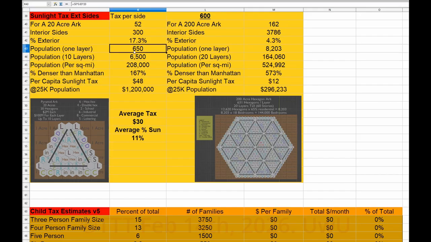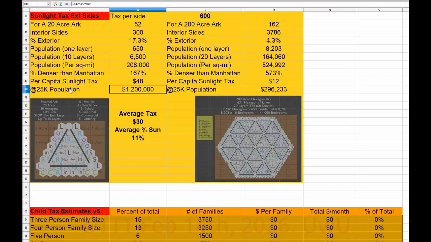So then we have our per capita sunlight tax. You just take 650 divided by, you take 52, what is it? 52 times 600 divided by 650. Boom, simple math. $48 per capita for sunlight tax.